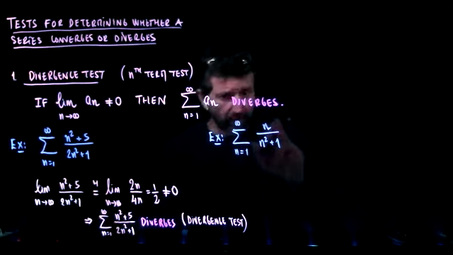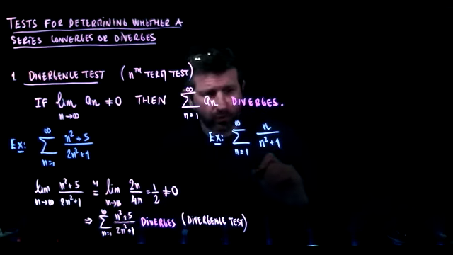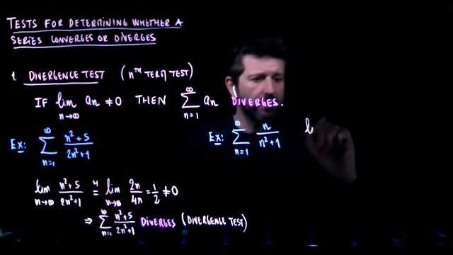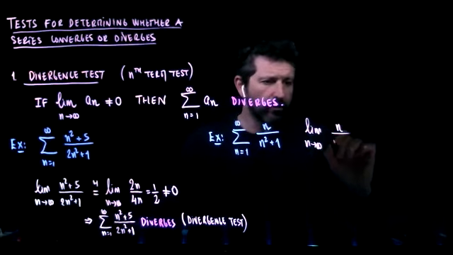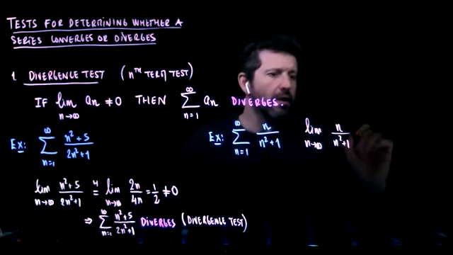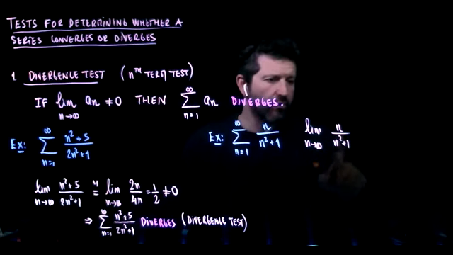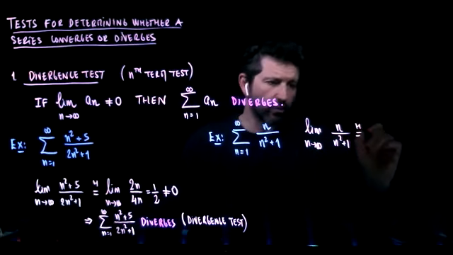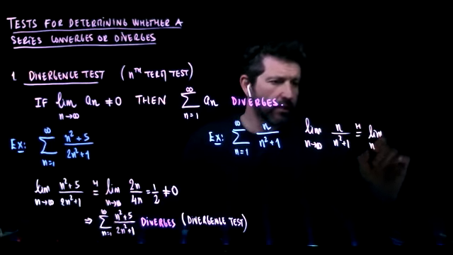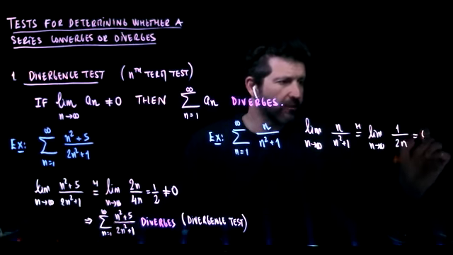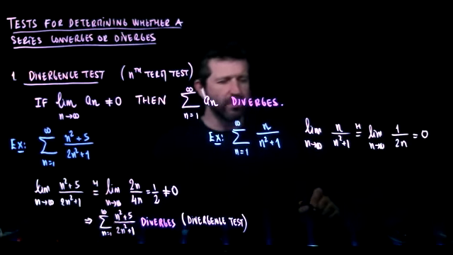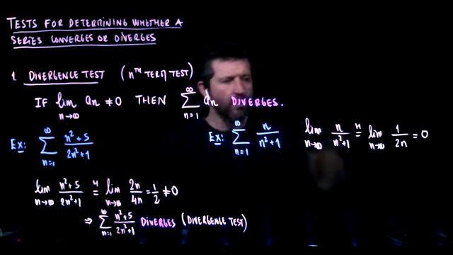I'm going to take the limit of the term. Limit as n approaches infinity of n/(n^2 + 1). Infinity over infinity, we use L'Hopital's rule if you want. The derivative of the top is 1 over 2n, and that gives me 1 over infinity, which is 0. What does that mean?